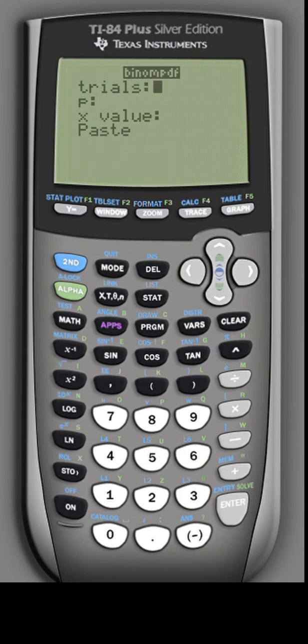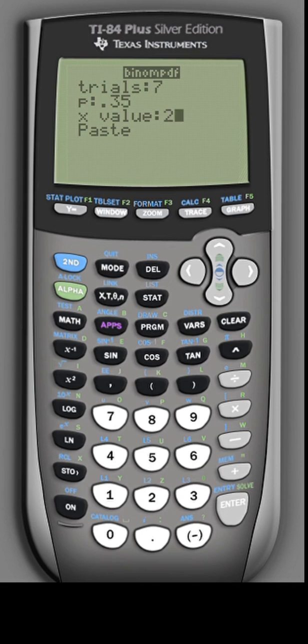For example, say that you're running an experiment 7 times. There's a probability of success of 35%. From those, I would like to know the probability that exactly 2 out of those 7 happen to be true.